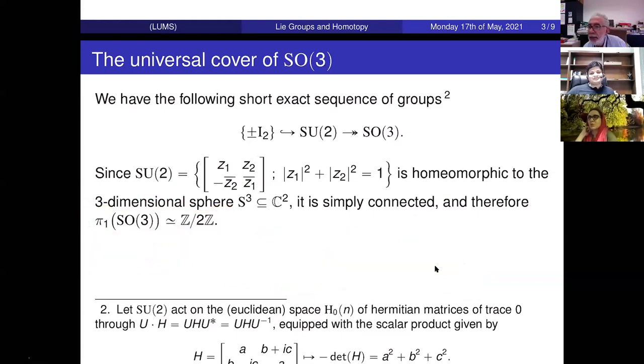A soup bowl? If you put it here inside your hand and you turn it twice, you come back to the first position. Your arm doesn't turn twice. So this is a way to illustrate the fact that π1 of SO3 is equal to Z over 2Z: 1 plus 1 equals 0. You go back to the same position.